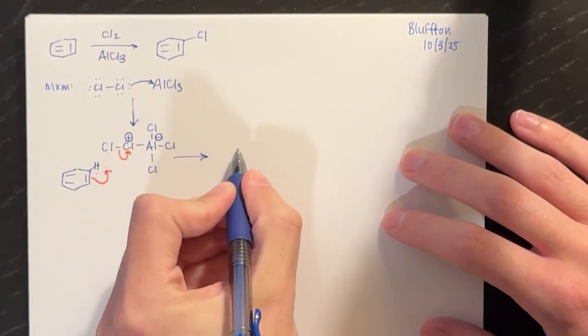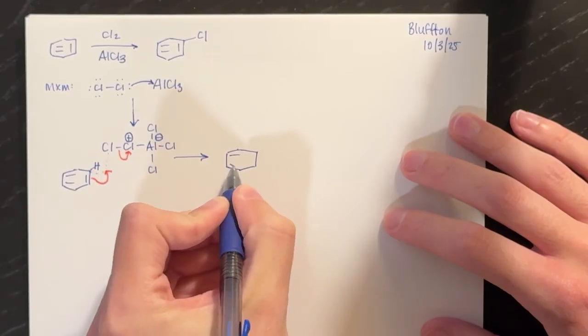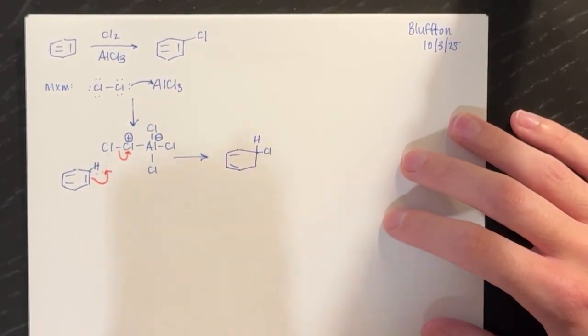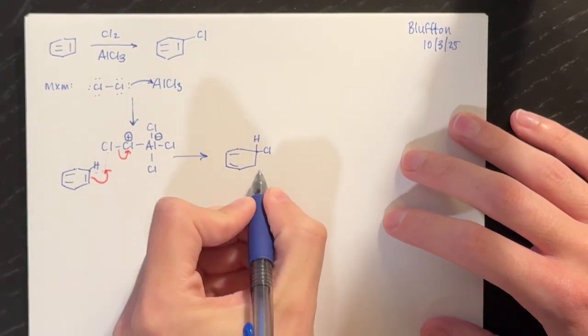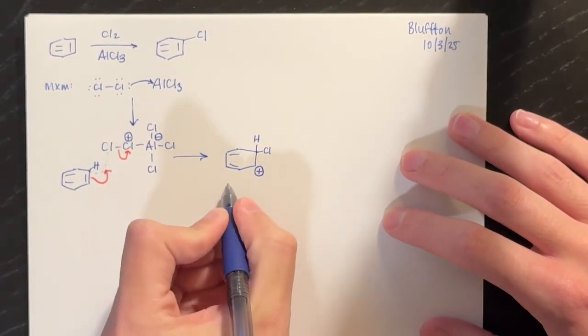Okay, so this is going to be our arenium ion intermediate. So we've formed the bond to the chlorine. We've got a positive charge.